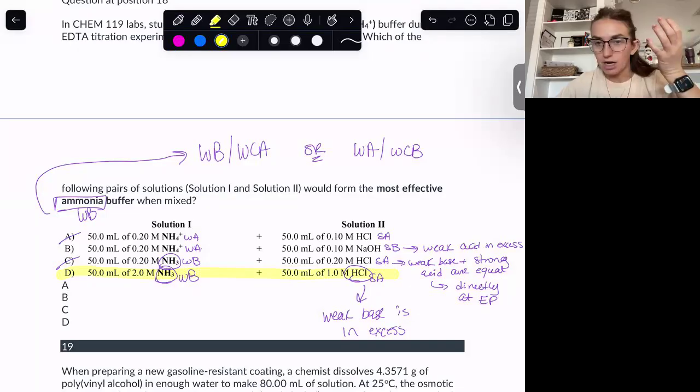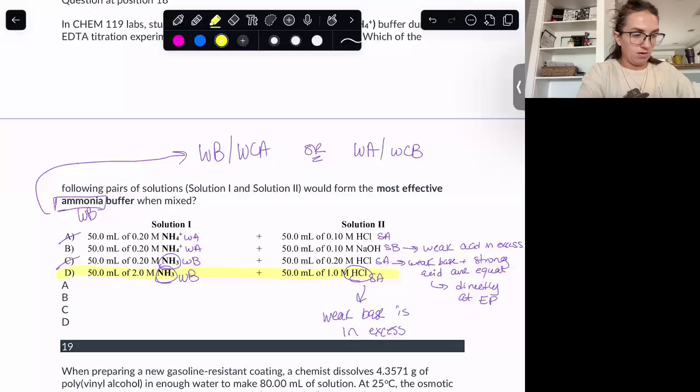Additionally, the higher concentration allows for more ions to be in solution, and that'll handle the addition of acid or base a little better than a lower concentration. So D is going to be your best choice there. Any questions on that one?